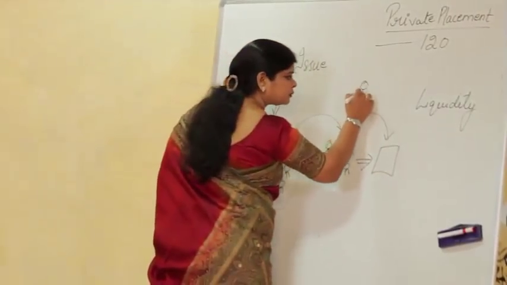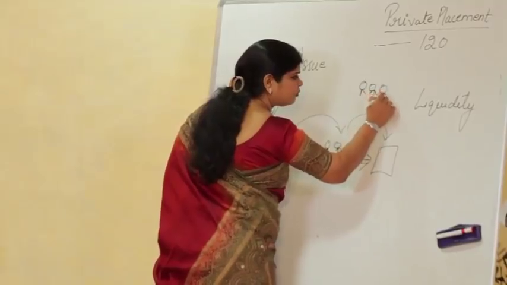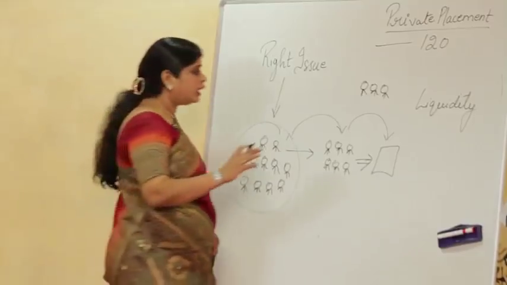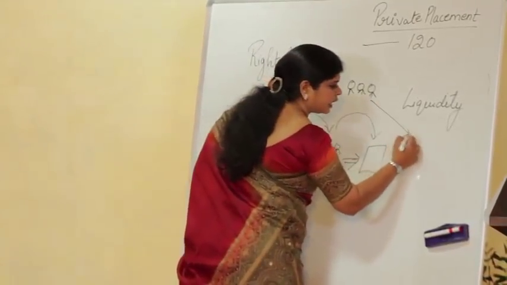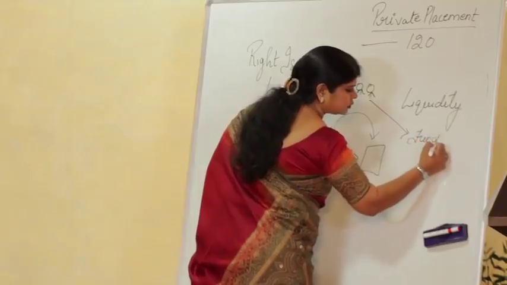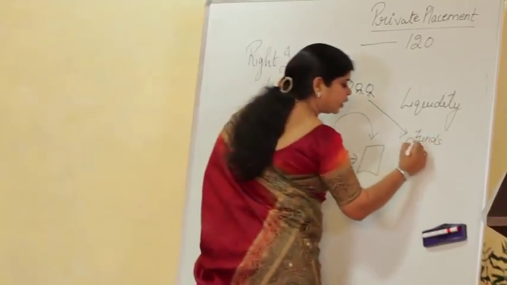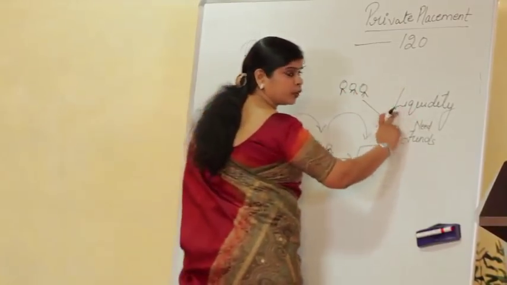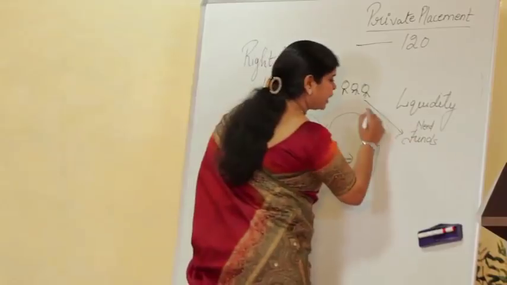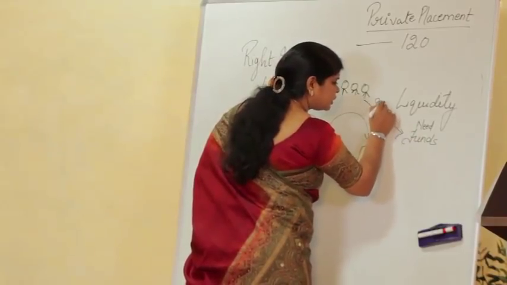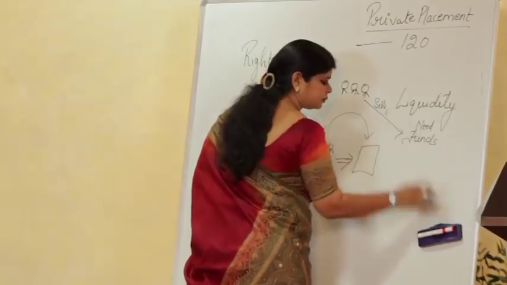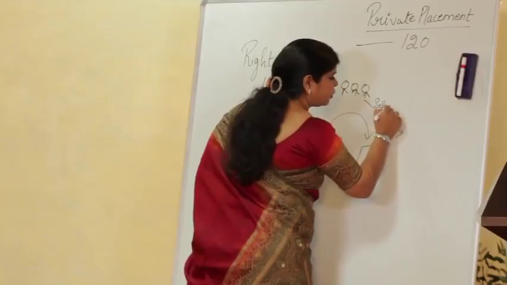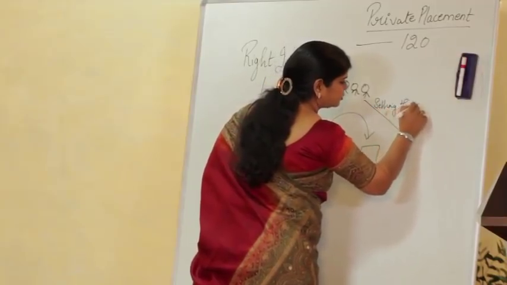Now there are a few shareholders who would like to sell their securities, liquidate their investments and get their funds back. They are in need of funds. When they need funds, they are going to liquidate their shareholding, and this can be done by selling it off. So they are going to be selling their shareholding.